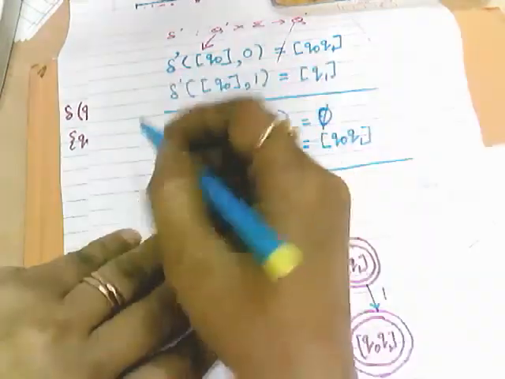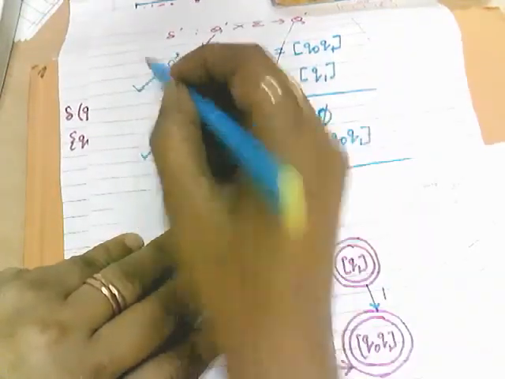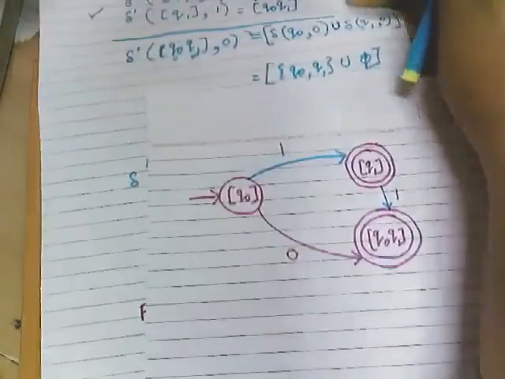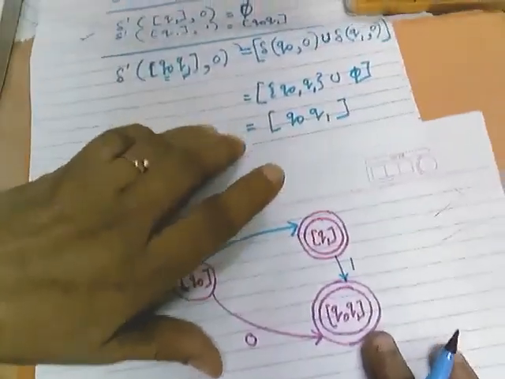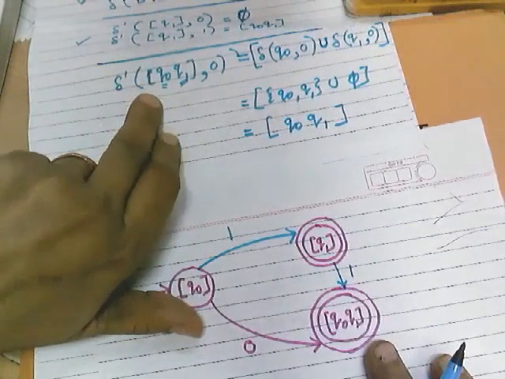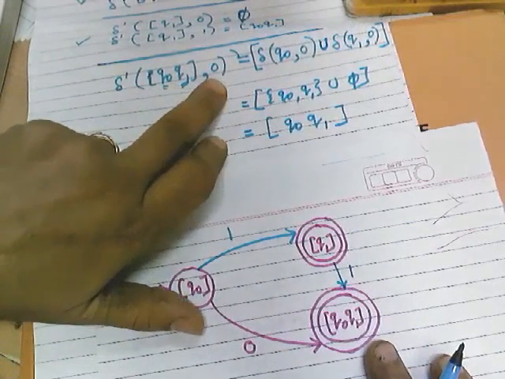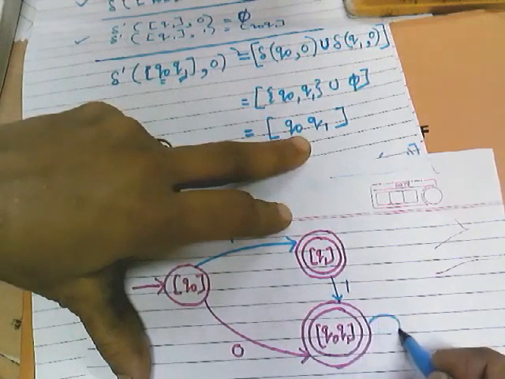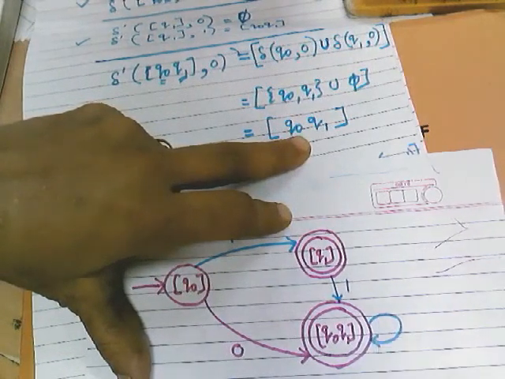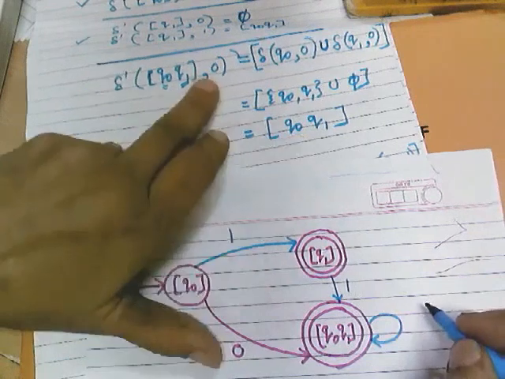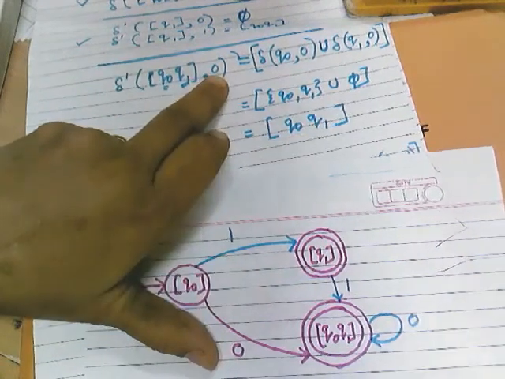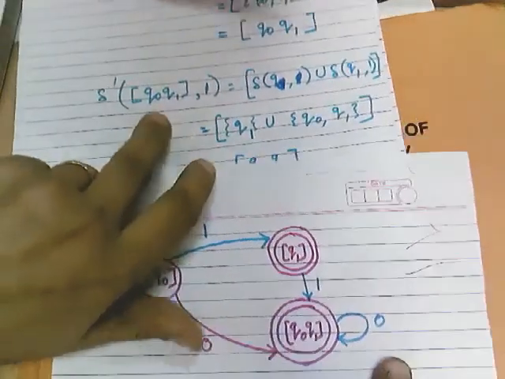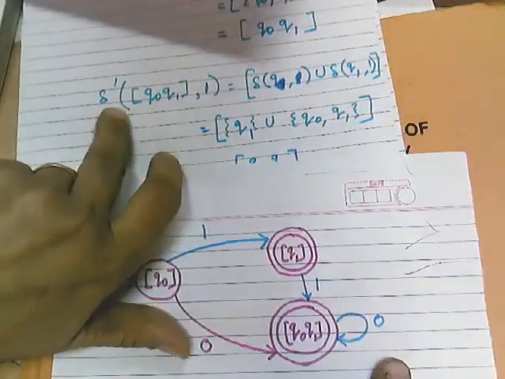So the turn of this is also over, the turn of this is also over. Now we need to represent the third thing. So what is it? Delta dash of Q0 Q1 on 0 moves to Q0 Q1. So there will be a self loop, right? On what? On 0, right? Next, we have also identified the next move for this case.